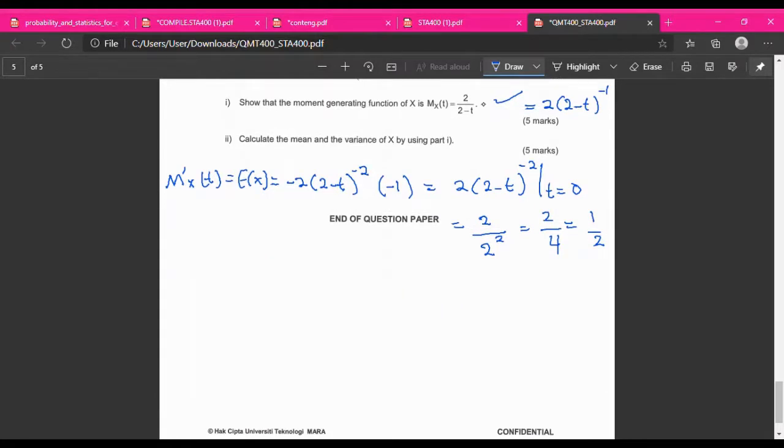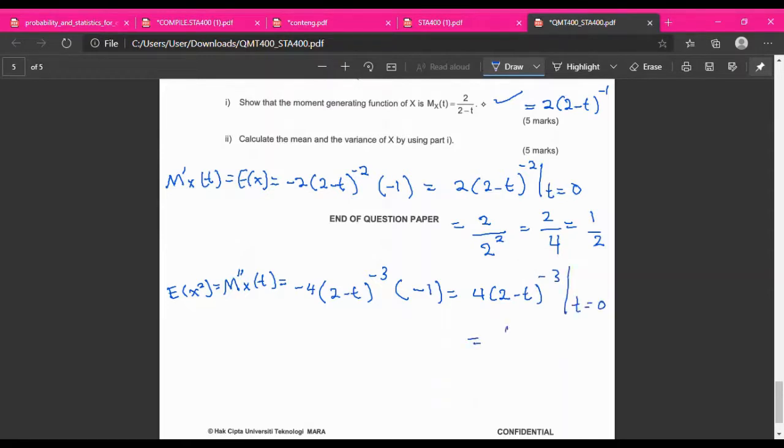So, to get the expected value of x square, it means that we need to do the second derivative. So you need to differentiate this function again. Earlier we differentiated once, so now we differentiate a second time. So it will be negative 4, 2 minus t, power of negative 3 multiply negative 1. Then you will get 4, 2 minus t, power of negative 3, then replace t with 0.